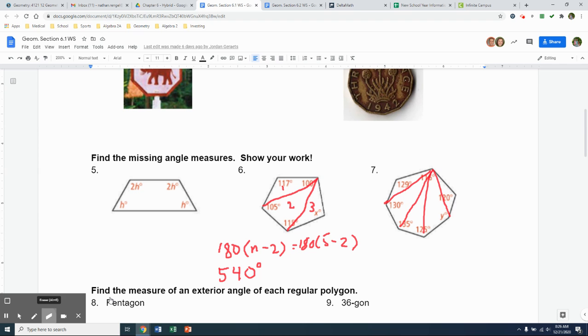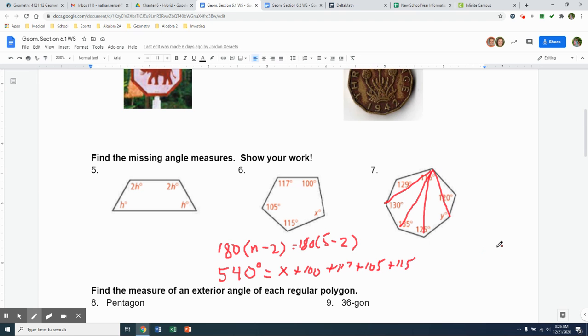Now we're not quite done yet for this problem, because we're going to set up a little algebra, but we've done problems like this. So next we would take 540 equals, and then we've got all these angles in here. We set up our algebra: x plus 100 plus 117 plus 105 plus 115.